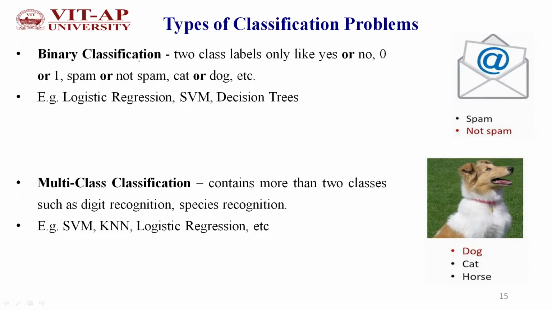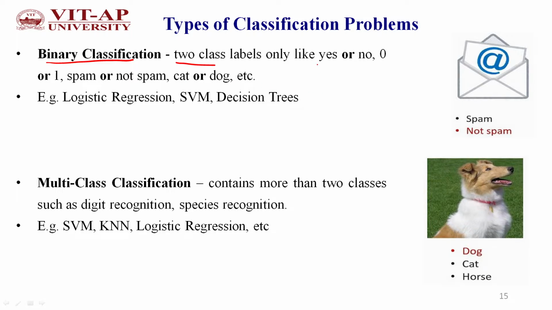Now we will see the types of classification problems. The first one is binary classification. This kind of algorithm will categorize the given input into only 2 classes.